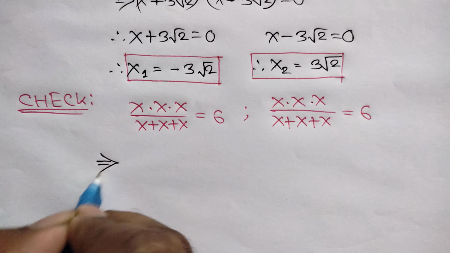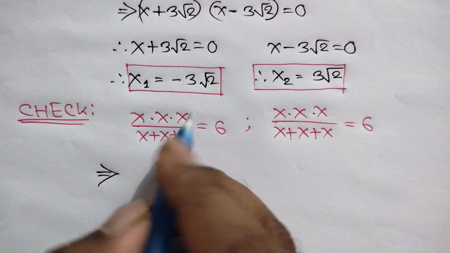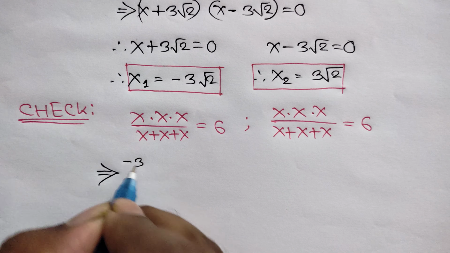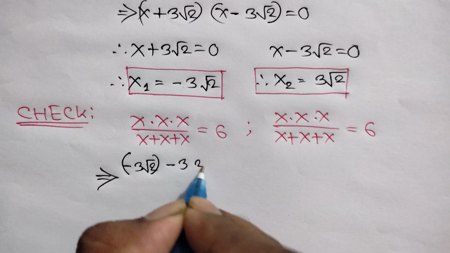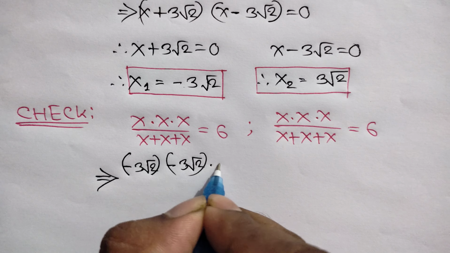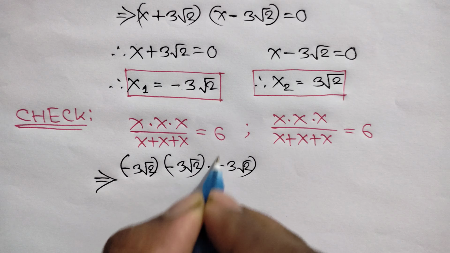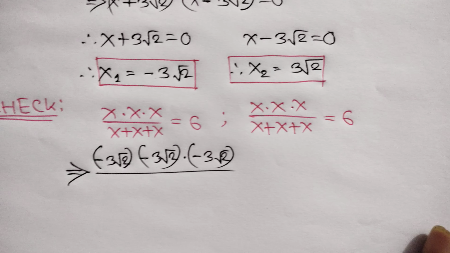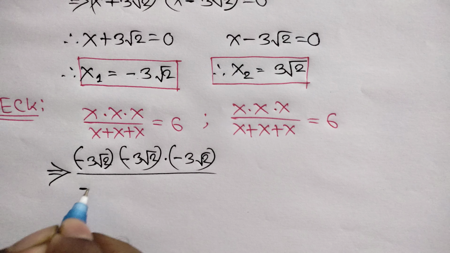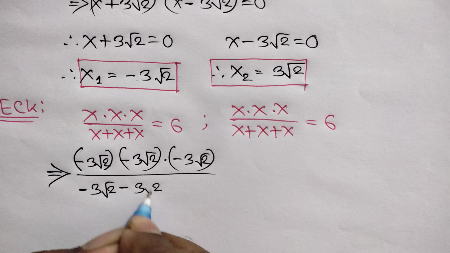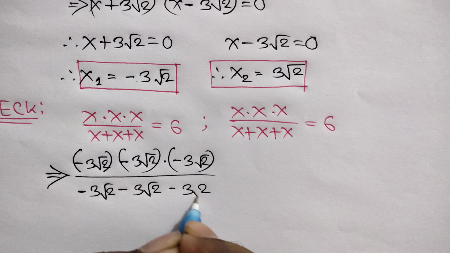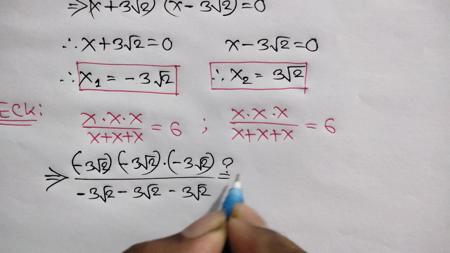Here x is equal to negative 3 square root of 2, so we can write negative 3 square root of 2 times negative 3 square root of 2 times negative 3 square root of 2 over negative 3 square root of 2 plus negative 3 square root of 2 plus negative 3 square root of 2. Is it equal to 6?